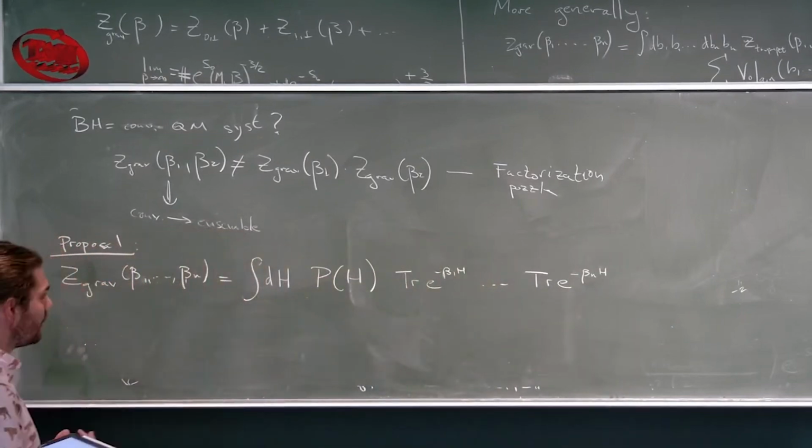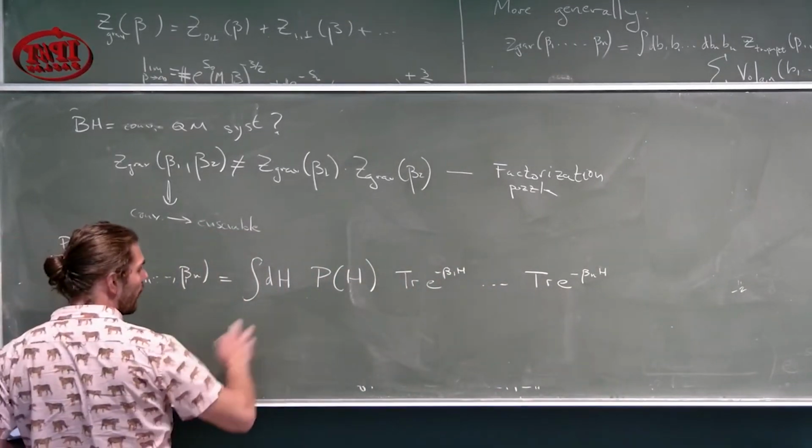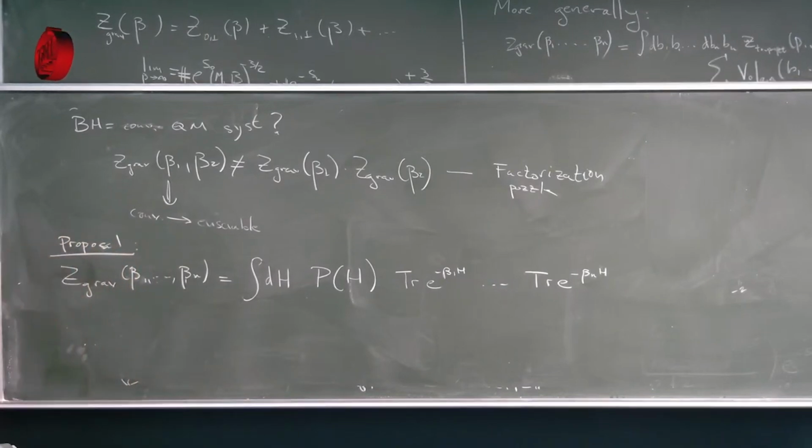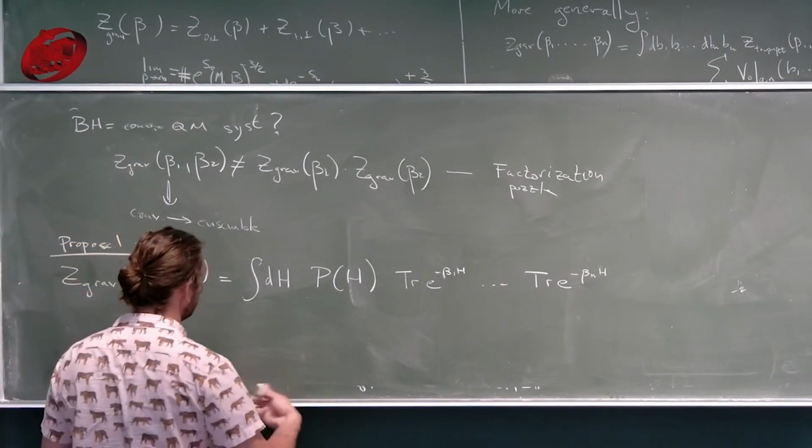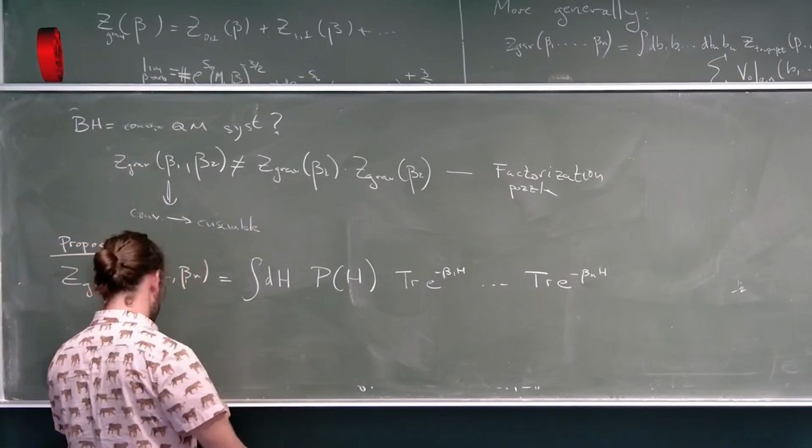And the specific measure over Hamiltonians that turns out to be the correct measure for the toy model that we're discussing is a measure that typically people encounter in matrix integrals.